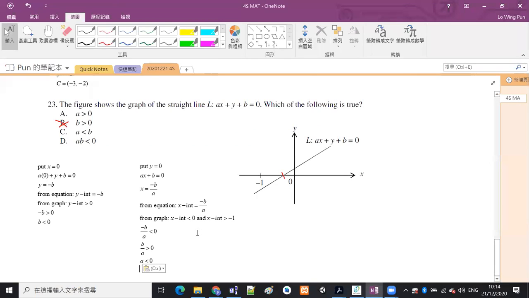好啦，而家咧我哋可以查走邊幾個咧？Option A is not correct, right? 仲有喎，你睇睇 Option D 先。Option D, A times B is less than 0. But now we have both A and B being less than 0.